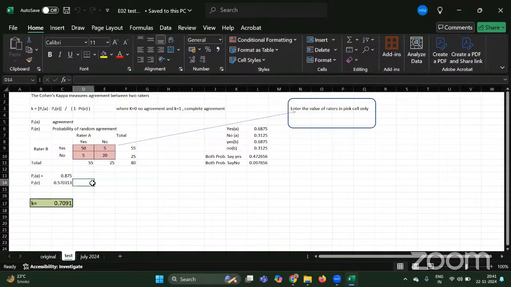A rate given by one examiner, a rate given by another examiner. Both yes, no are there, and the kappa will be there. If kappa is 1, it is 100% agreement. If kappa is near to 0, it is disagreement. Minus 1 is total disagreement, like this. You need to just put a figure over here, and then your answer will be that this is a kappa test.